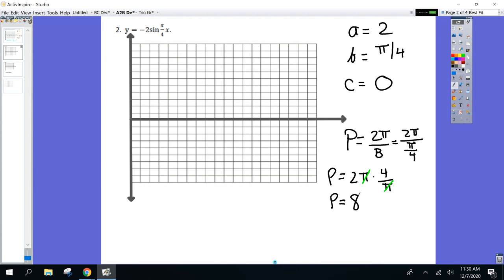I'll let you guys get your axes set up. Okay, I know it's got to end at 8.